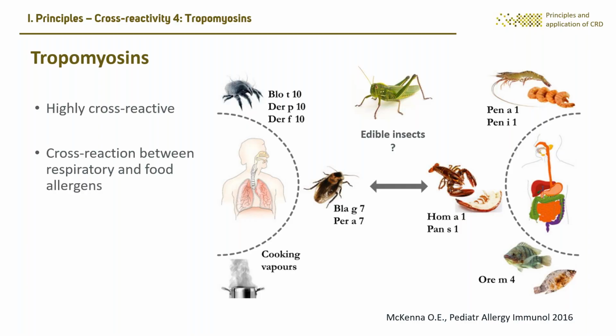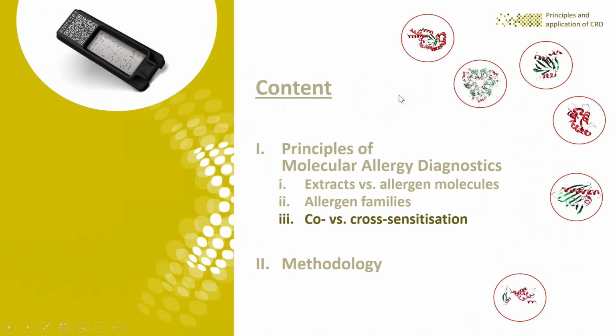And insects contain a large number of different allergen molecules, not only tropomyosins, but also arginine kinase, sarcoplasmic calcium-binding proteins, and myosin light chains, etc. So I think in the future we will have to consider these as possible sources of sensitizations in our patients.